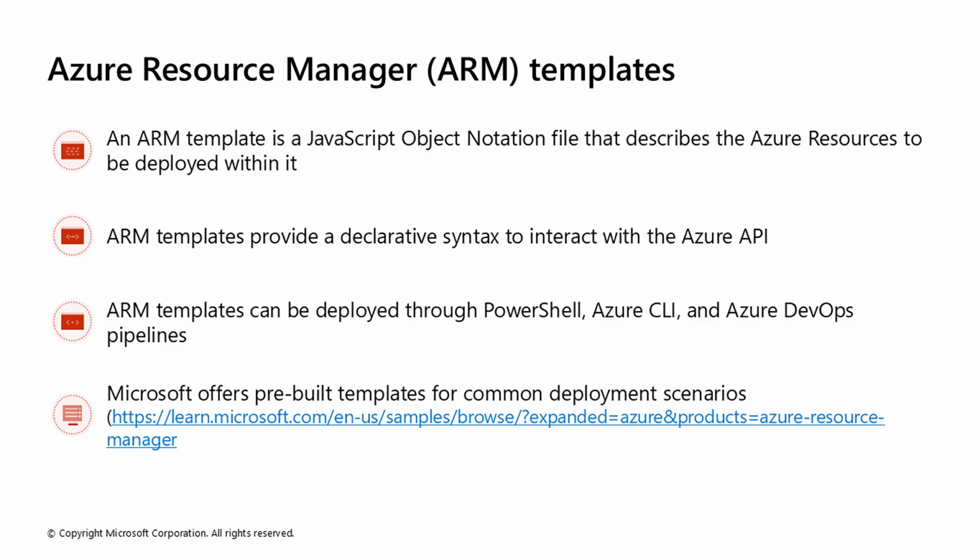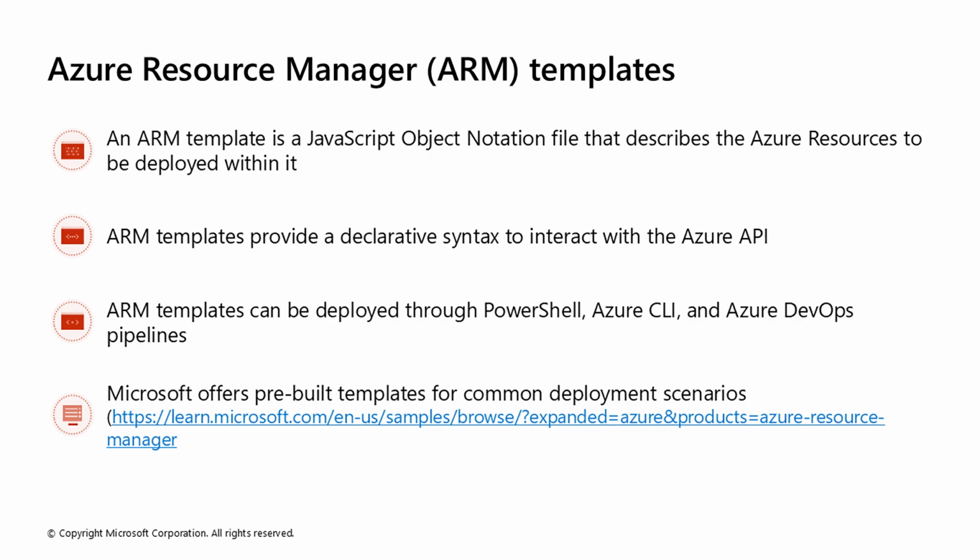Azure Resource Manager, or ARM templates, are JSON-based declarative files used to define and deploy Azure resources consistently and efficiently. Unlike imperative models like PowerShell or Azure CLI, which require step-by-step instructions, ARM templates specify the desired end state, allowing the Azure platform to determine the deployment process.